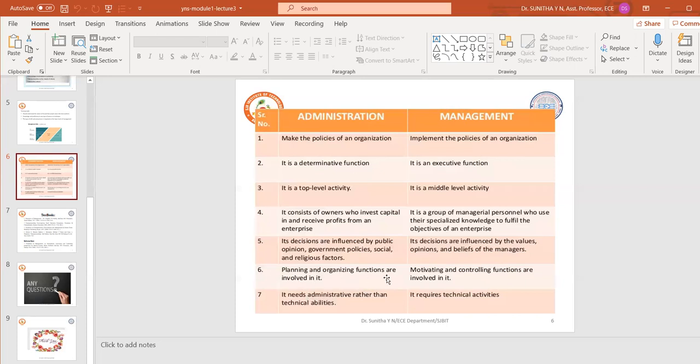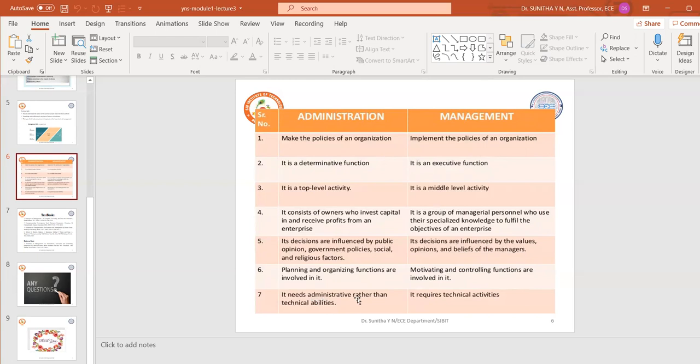Planning and organizing functions are involved in administration. Those are the top two functions of the management process, whereas the next two functions, motivation and controlling, are involved in this management section.